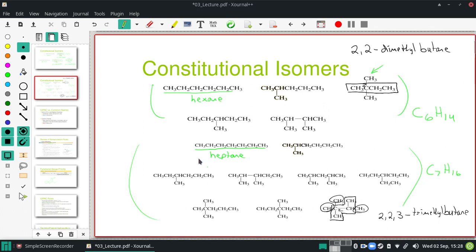Now, the remaining ones on here, you probably are going to get a practice chance because I'm going to put them all on your practice quiz on Canvas, where you have to come up with the name yourself.